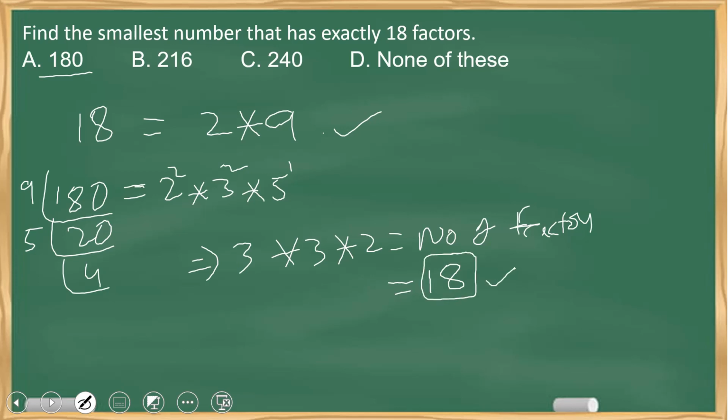Do you understand the point here? So this way you can solve the problems very easily. Got the point? And if you are supposed to get 6 into 3, that is also fine here. 6 into 3 means you can take this one as 2 power 5 and this one as 3 power 2.